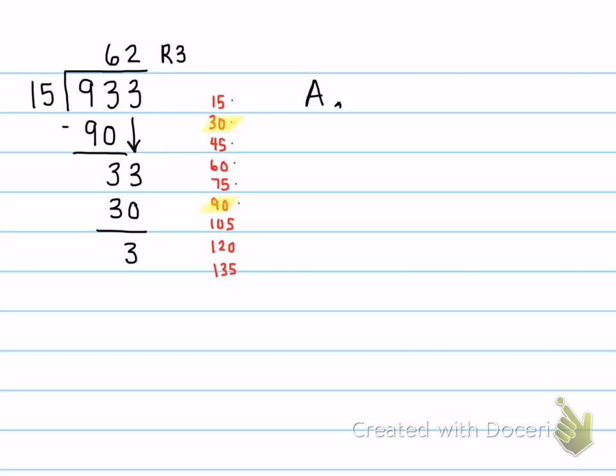So instead of 62 bins, you would have to say the library will need 63 bins, because you can't just throw those other 3 away that are left over. You have to get a bin to hold those.